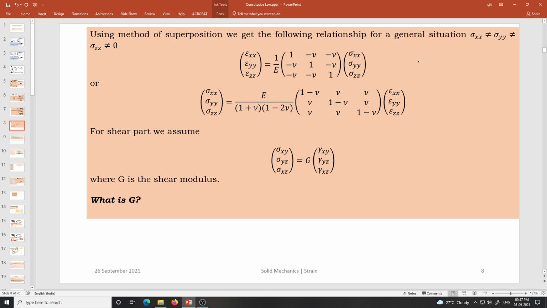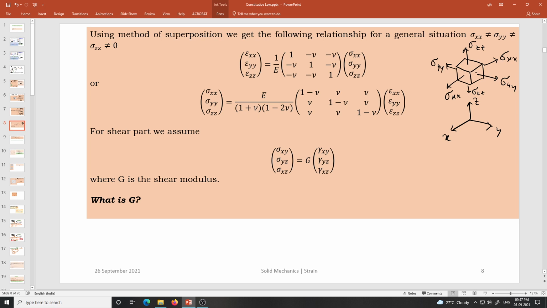That means we are going to consider a situation where the small differential element is subjected to sigma xx, sigma yy, sigma zz in the x, y and z directions. In the opposite directions, the other forces of equal amount are acting: sigma xx, sigma yy, sigma zz.